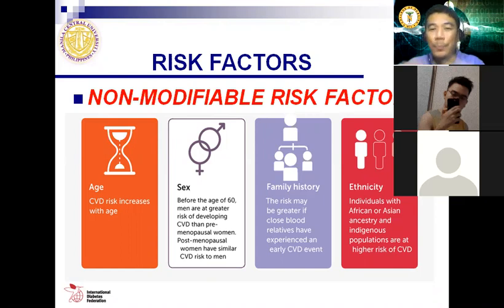Okay? In familial history, the risk may be greater if close blood relatives have experienced an early cardiovascular disorder event. So, immediate family members, but there are some questions that you have asked. There is a history of cardiovascular disorder in the grandparents, but the parents do not have it. It is much better that it is a close, immediate relationship, if it is with the parents.